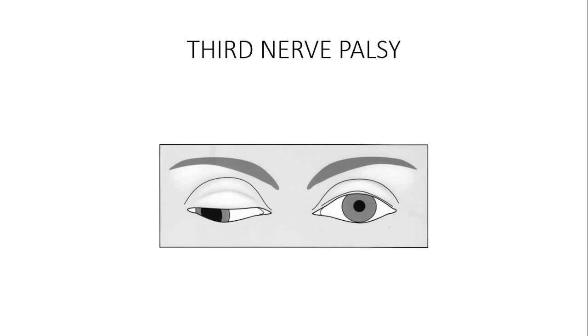The surgical ones are also known as pupil involving third nerve palsy, and the non-surgical ones are also called pupil sparing third nerve palsy. Why do we say that the pupil involving ones are surgical in nature? Because almost all of them will need surgical intervention as the solution to the problem.